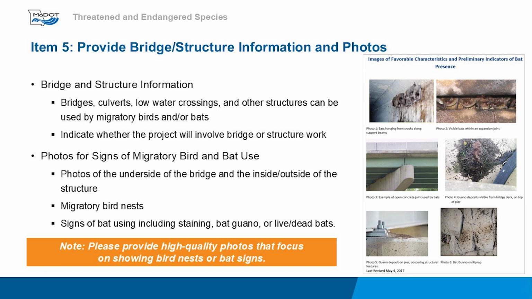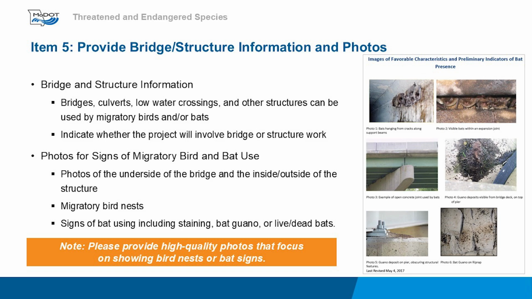Migratory birds and bats can use bridges, culverts, or other structures to roost and build nests. Therefore, if your project contains a bridge or culvert, please provide a complete set of photos showing the bridge or structure as part of your Threatened and Endangered Species submittal. If your project does not involve bridge or structure work, indicate this in the Request for Environmental Review and submittal materials.